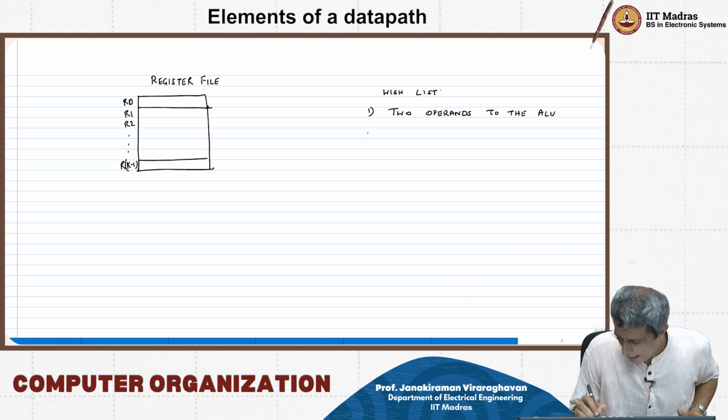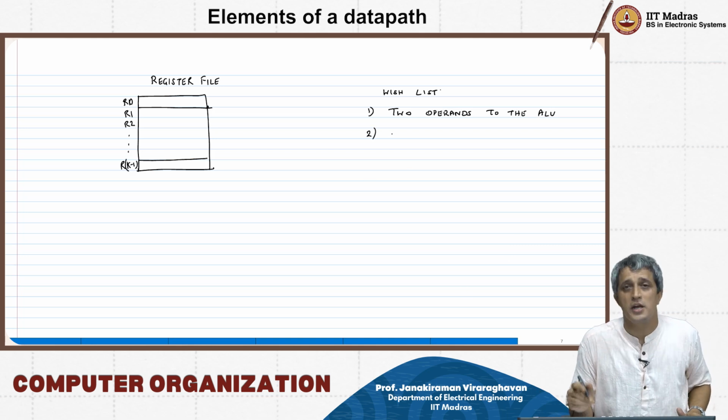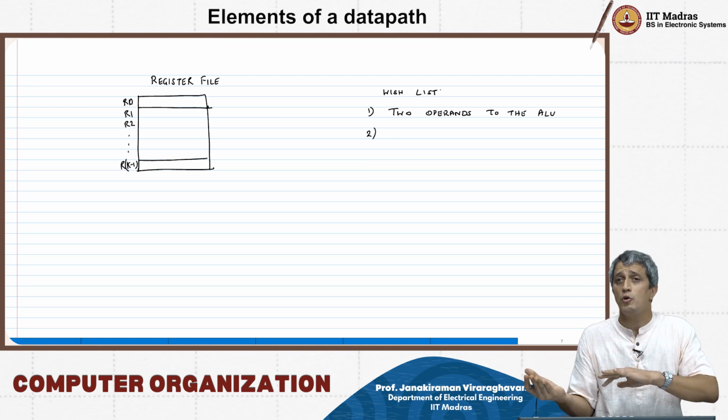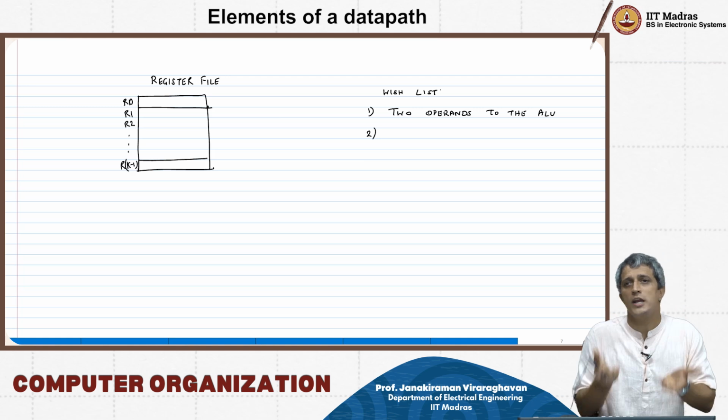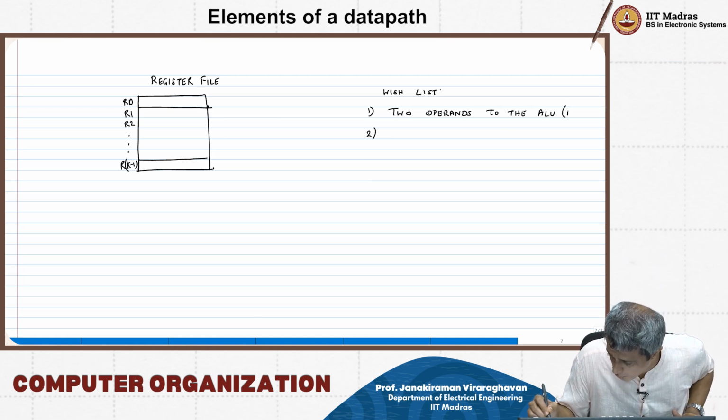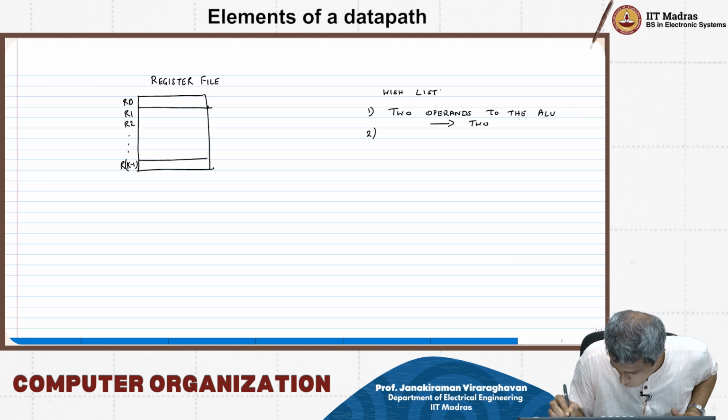And the answer that we get from the ALU, we should be able to write back into any of these registers. That means you have to be able to do 2 parallel reads. This is what this thing means.